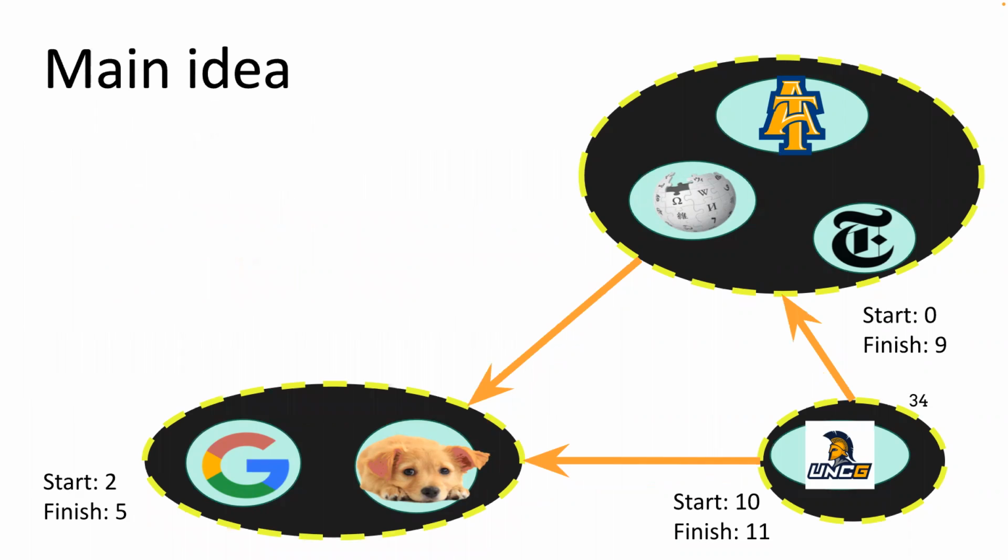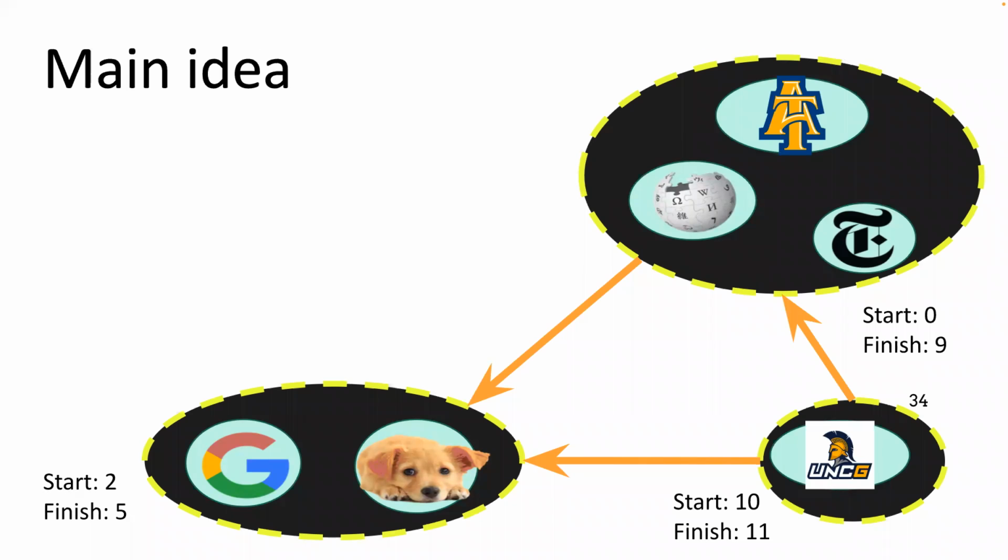So if we start with this graph of strongly connected components, we can create a topological sorting using the finish times. If we sort in reverse order of the finish times, that means this node has no edges coming in. The next node would be this one, and the only edges coming in are from nodes that have come before in the topological sorting.